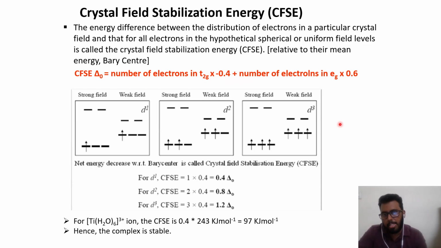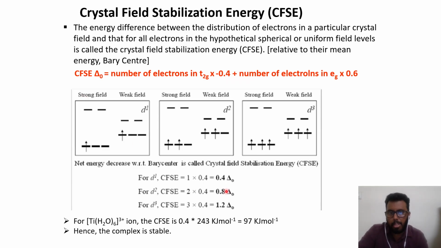Usually they will ask in a question how you will calculate the crystal field stabilization energy for a complex which is in a low spin or high spin situation, based on the weak and strong field, based on the strength of the ligand. So what do you mean by crystal field stabilization energy?